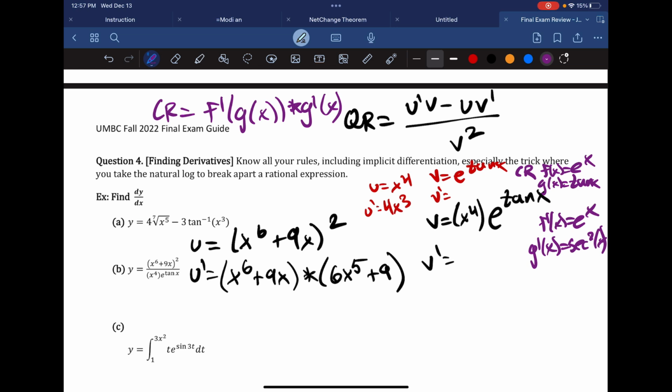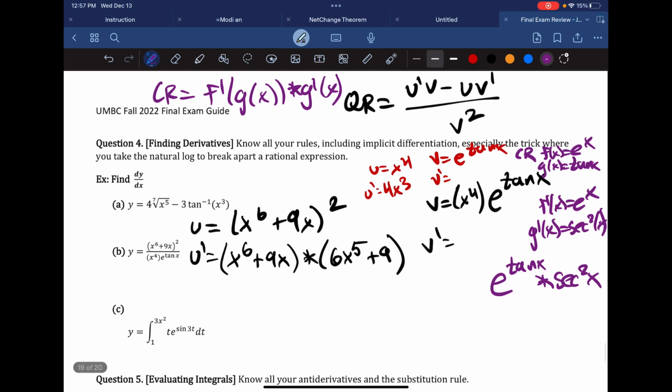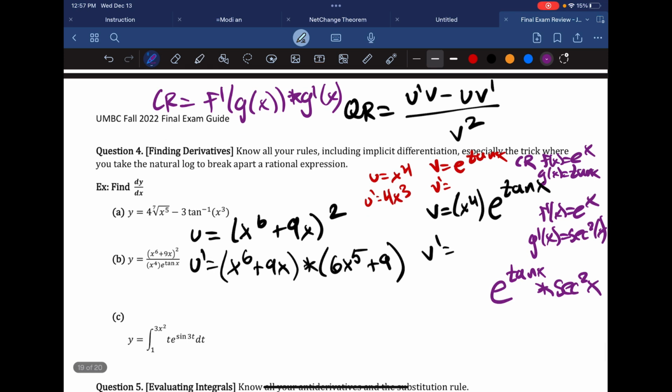So that is going to be e to the tan x times secant squared x. So now the v prime for our product rule is going to be e to the tan x times secant squared x.